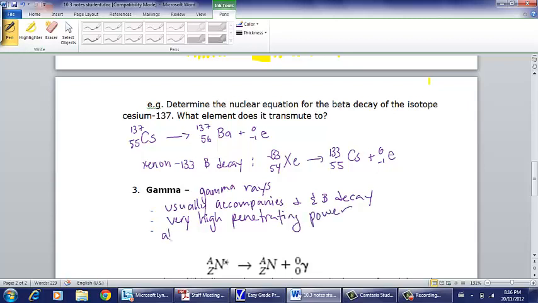The atomic number and the mass are unchanged, and only energy is changed.